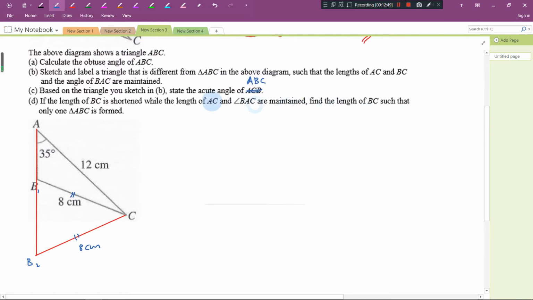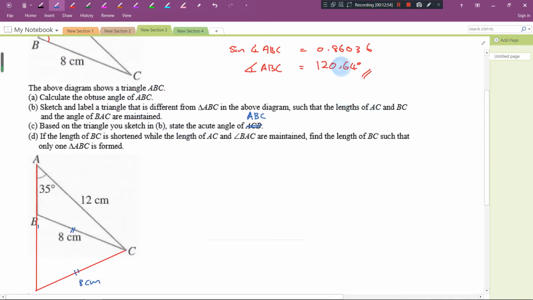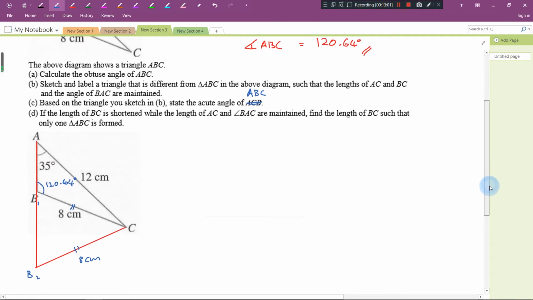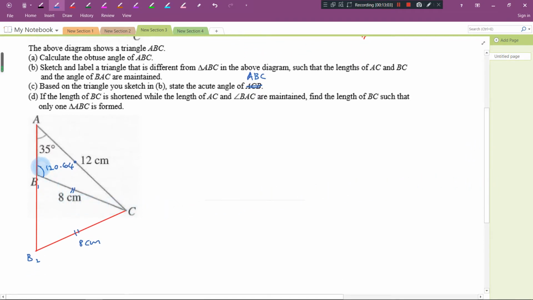So in the first part, we calculated the obtuse angle of ABC. We got 120.64 degrees, which is over here. In the previous video I told you that these two angles have a relationship: they add together to equal 180 degrees, because this angle is equal to this angle, since here we have an isosceles triangle.